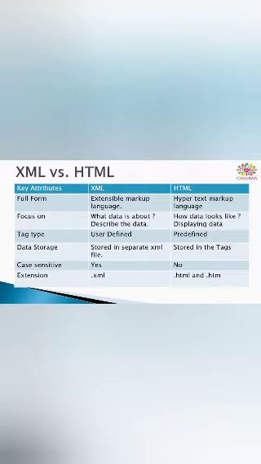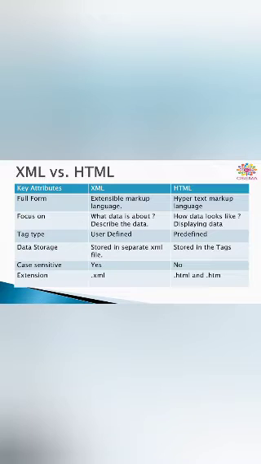XML can have user defined tags, means XML doesn't have any predefined tags, while HTML having the predefined tags. The XML files are stored in a separate XML file, but the HTML contents are stored in the tags.